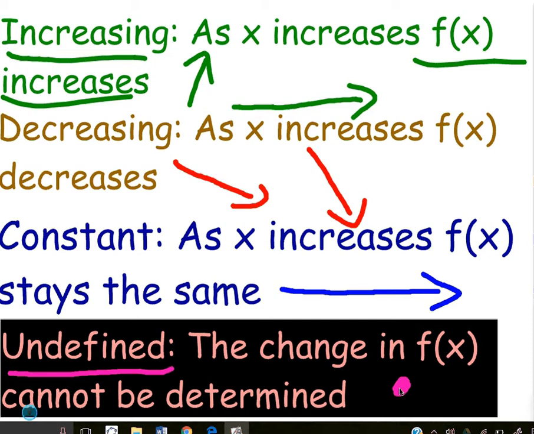It's kind of like saying the temperature right now is 50 degrees, but I don't know what it was before, and I don't know what it's going to be. Well, if that's the case, then how can we say if the temperature is increasing or decreasing? We don't have any clue about the data before or after, right? And so with a single point, you can't really say that the y values are going up or going down.